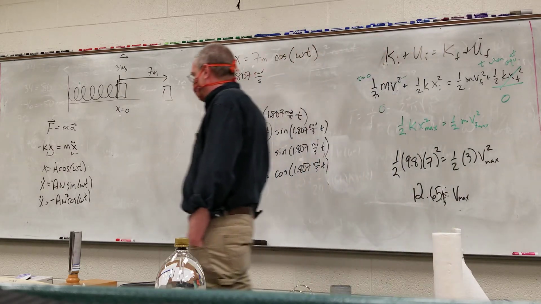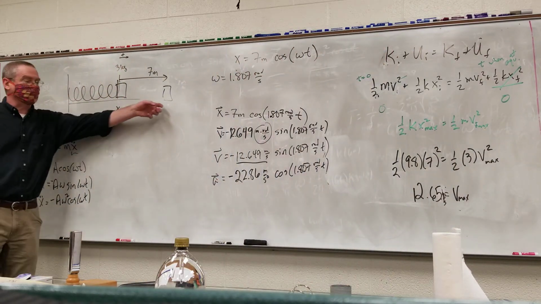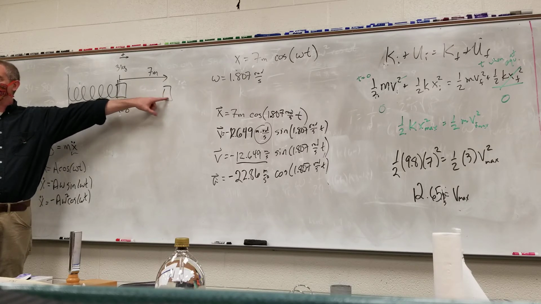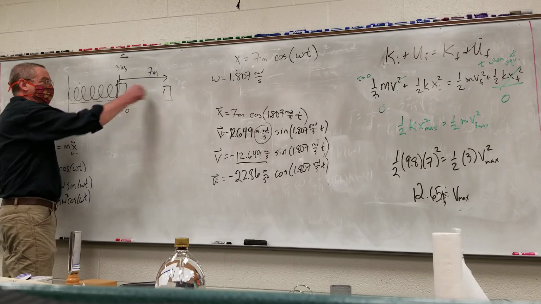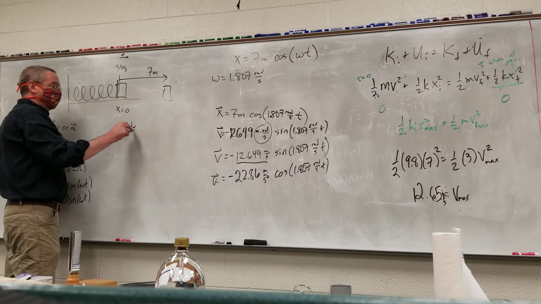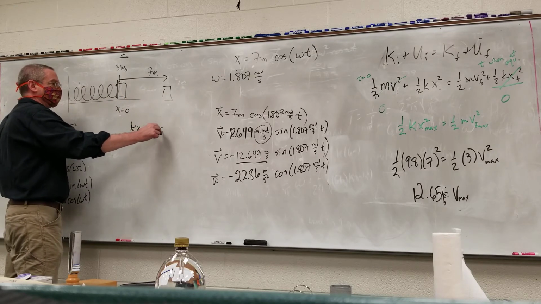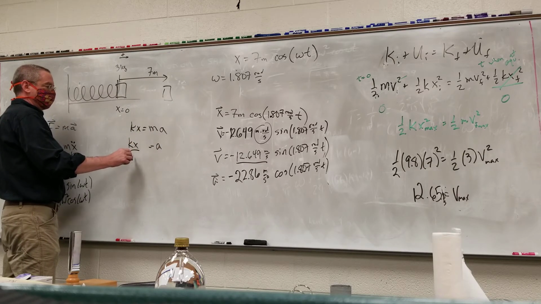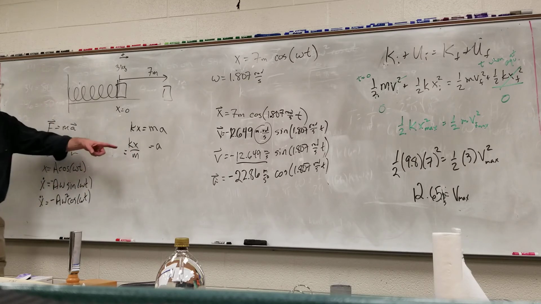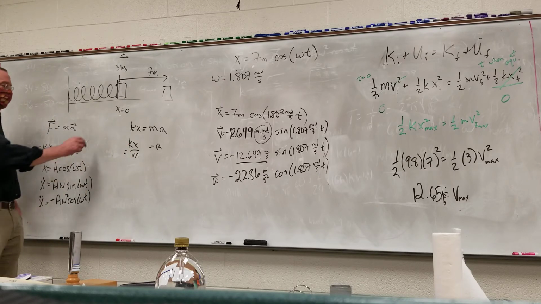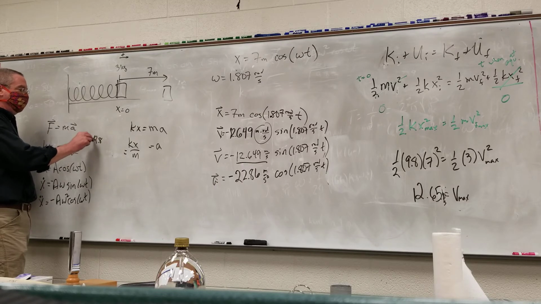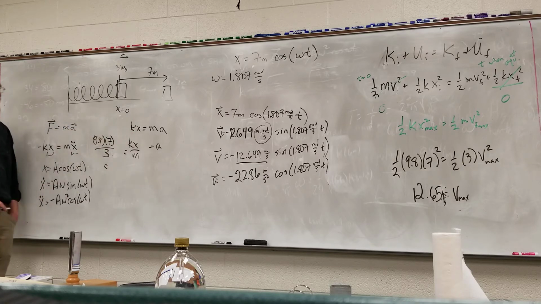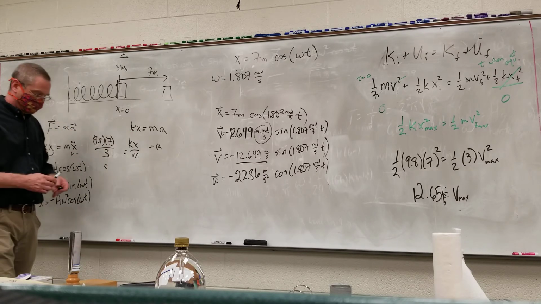Or, if you don't want to do it that way, I know the maximum acceleration is going to happen when my force is maximum, which is when I'm out here. At that point, K X equals mass times acceleration, so my acceleration is K X over M. For maximum acceleration I want maximum position. So this is 9.8 times 7 divided by 3, which better be close to 22.86 meters per second squared.